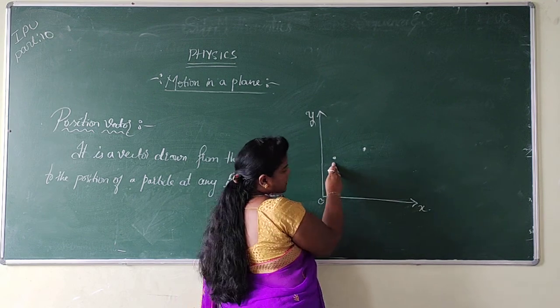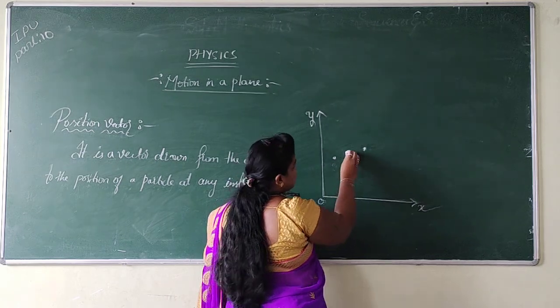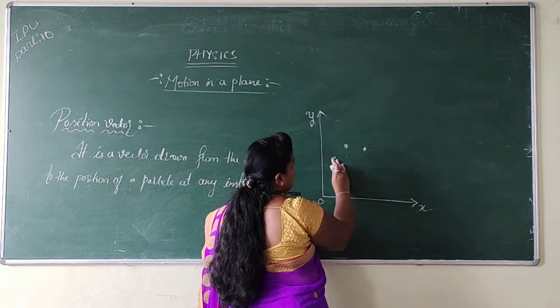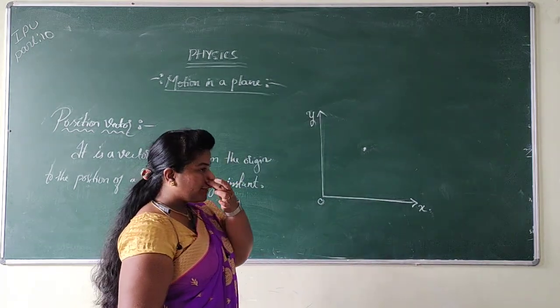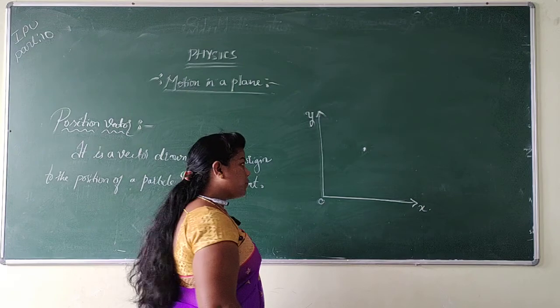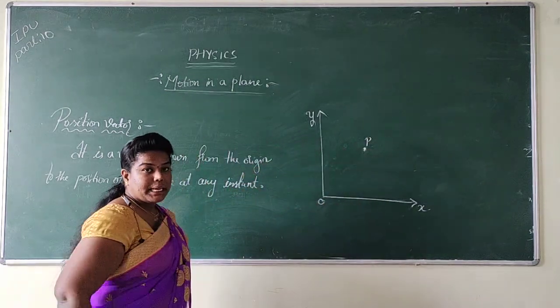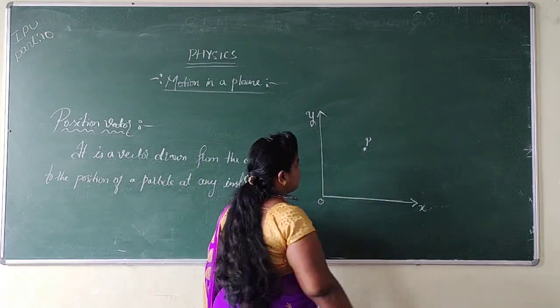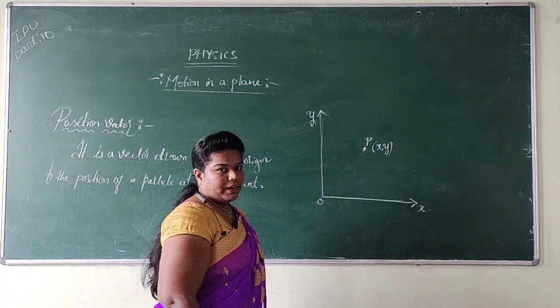At every instant of time the position of the particle varies. I represent the position of a particle by P. According to mathematics, it is represented by x, y.